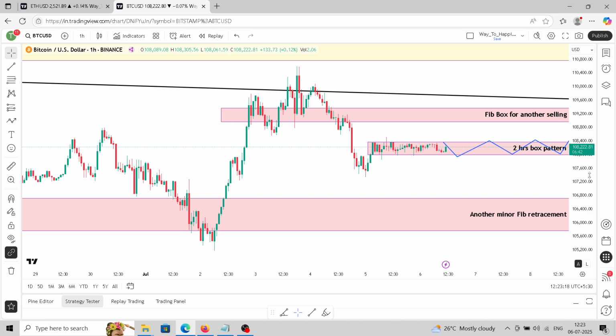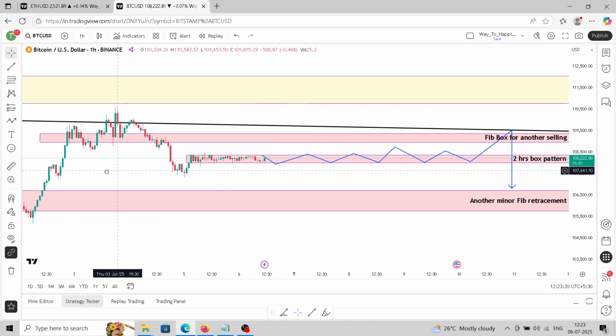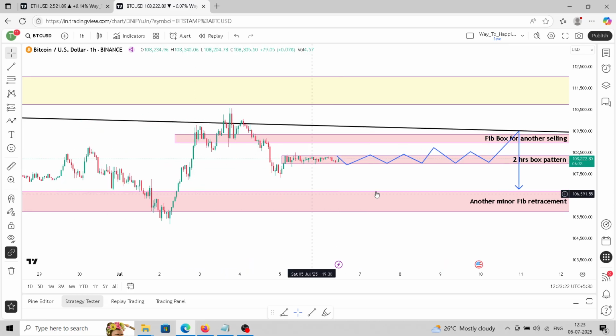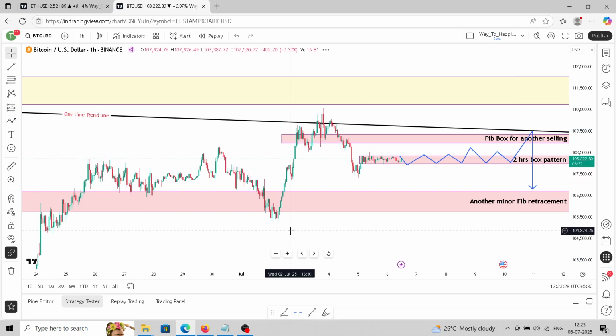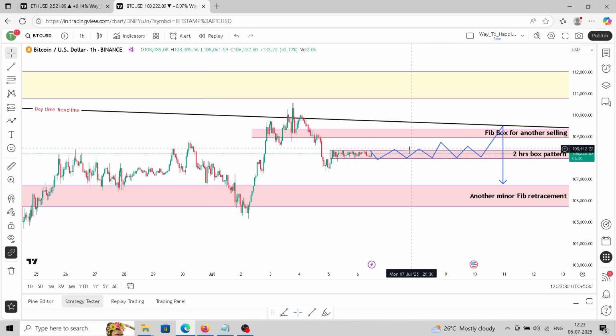It will spend some time here, will break this box, then go to the upper box, somehow try to touch the trend line, or break it a little bit, and then will come back again. So for the time being, I'm a little bit bullish on BTC and then I'll become bearish again. This is how BTC is going to work.